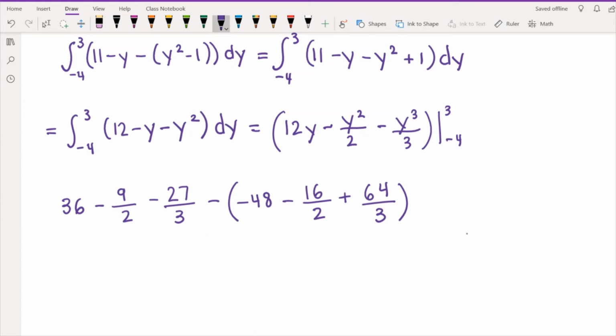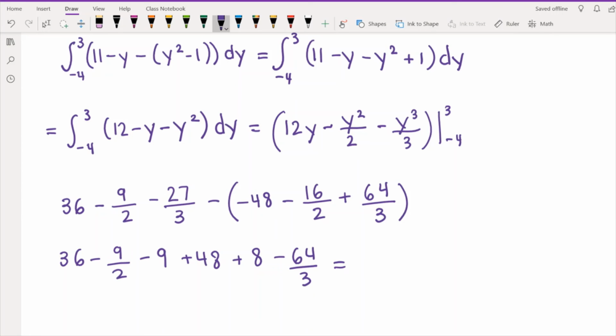So now we can put these all together. And so we have 36 minus 9 halves minus 9 plus 48 plus, so 16 over 2 is 8 minus 64 over 3. So we can combine these whole numbers together.